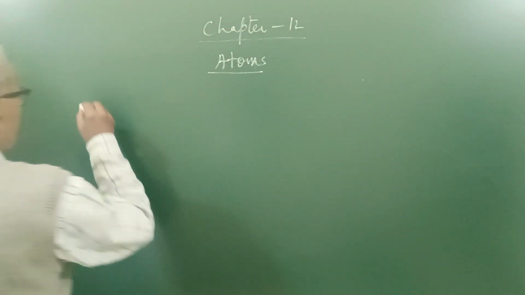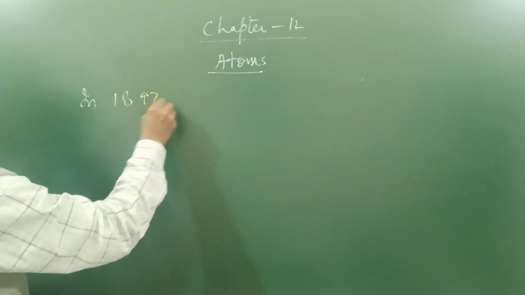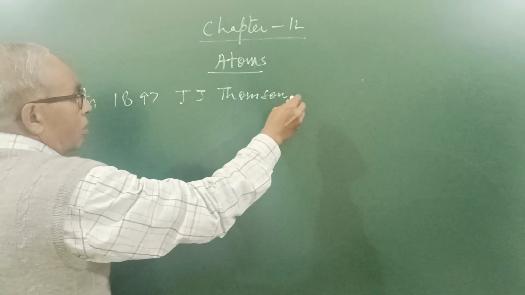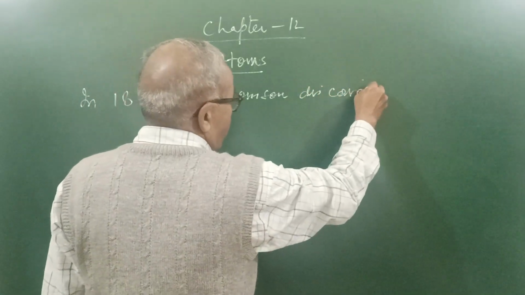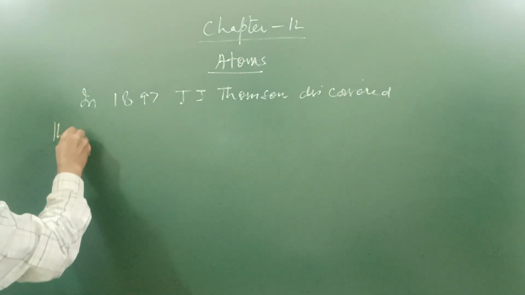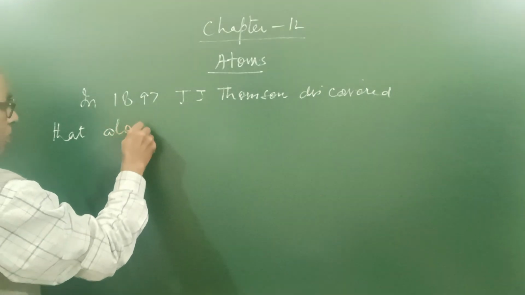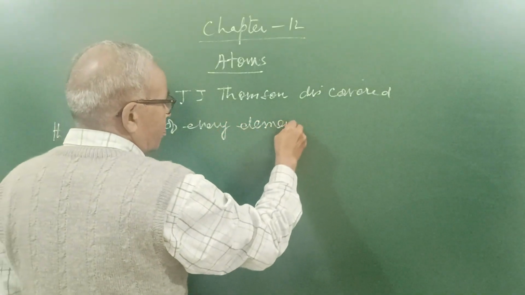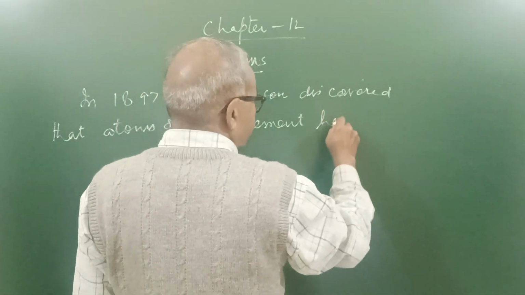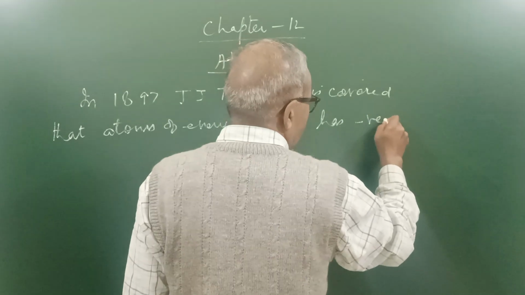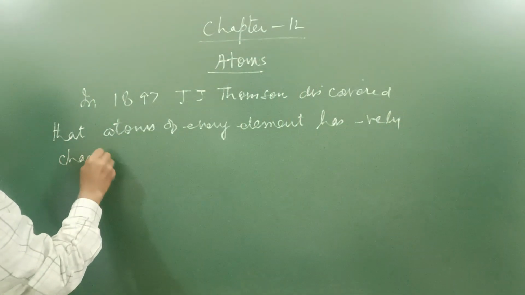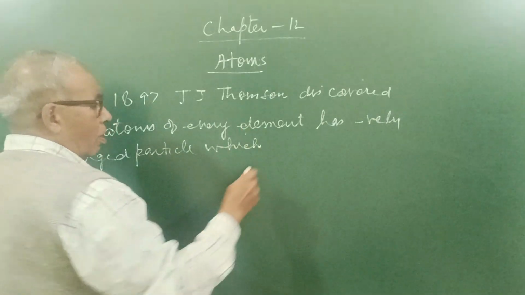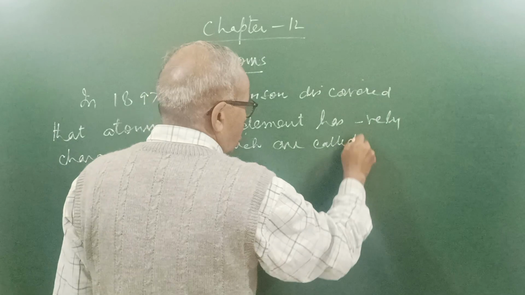But in 1897, J.J. Thomson discovered that atoms of every element have negatively charged particles, which are now called electrons.